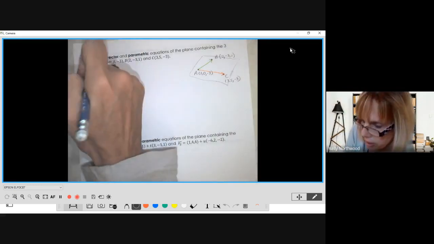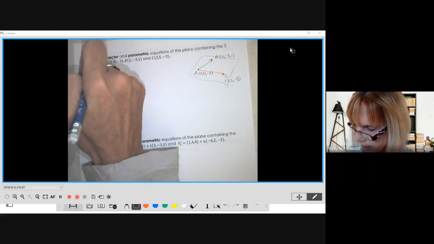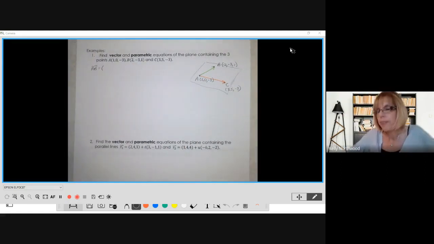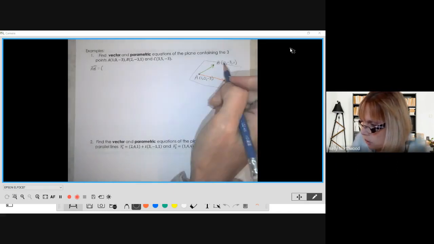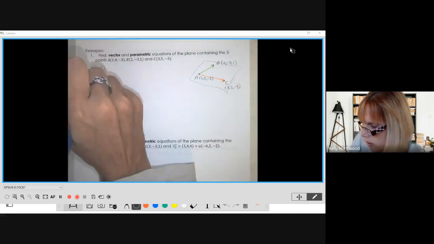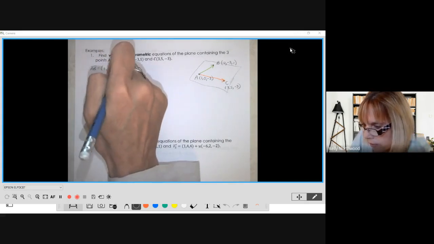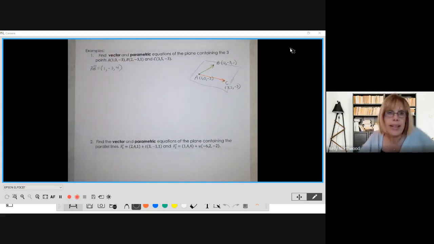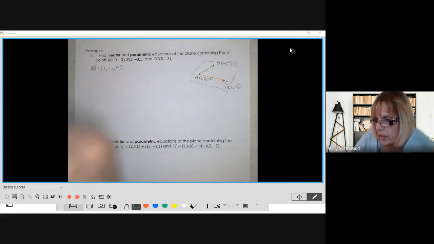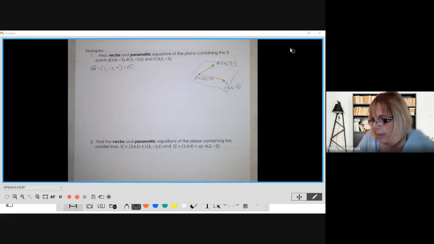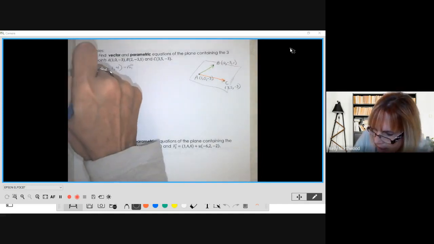So I'm going to find vector AB, which is B minus A. So that's going to be 2 minus 1 is 1, -3, 4. And that doesn't have a smaller, nicer scalar multiple, because all we're concerned about is that this is going to be a direction vector. So I'm just going to let this one be M1. And then I'm going to find vector AC.